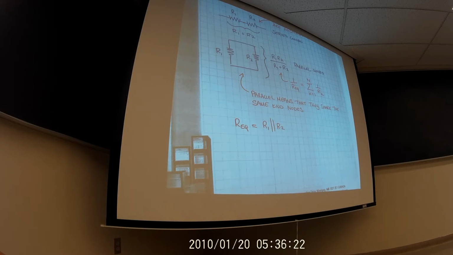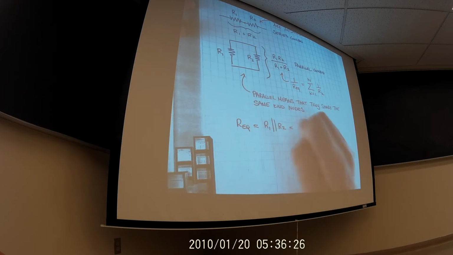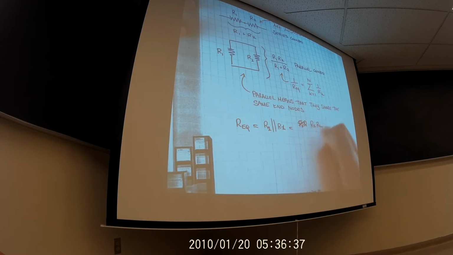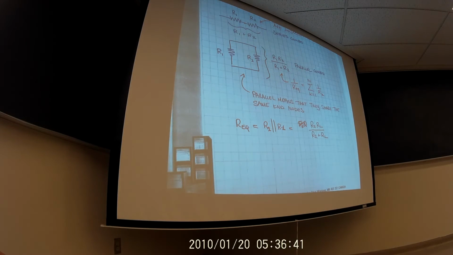That sign right there means parallel. Then simply that's R1 or L, sorry, not 2. R2 and RL, I apologize. So R2 and RL over R2 plus RL. Okay. So what's the difference going to be?